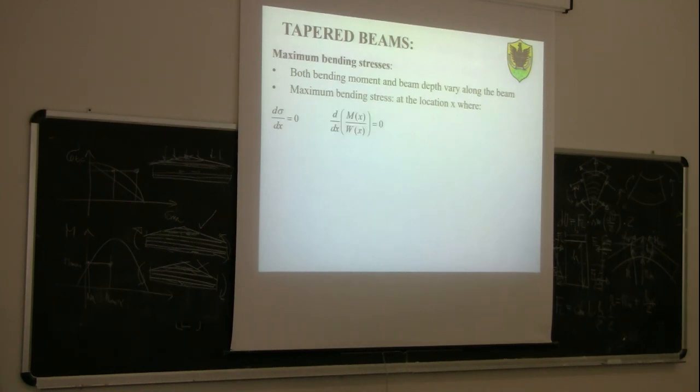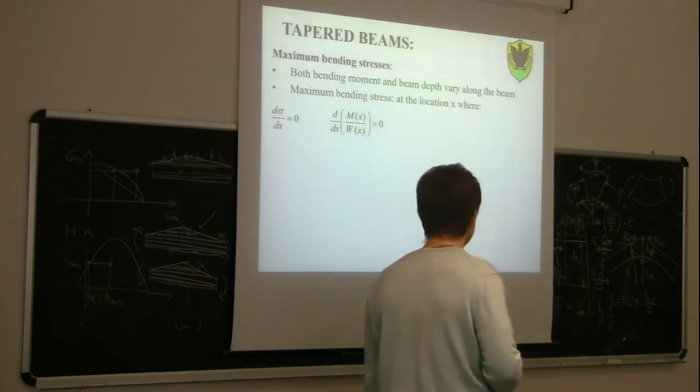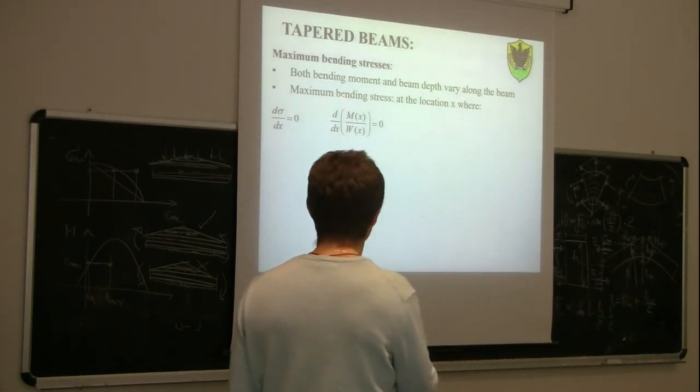So what we need to do, we can use the relationship that we have in structural mechanics, M over W: the bending moment at a certain abscissa x divided by the section modulus of the cross-section. The first derivative of this must be equal to 0.